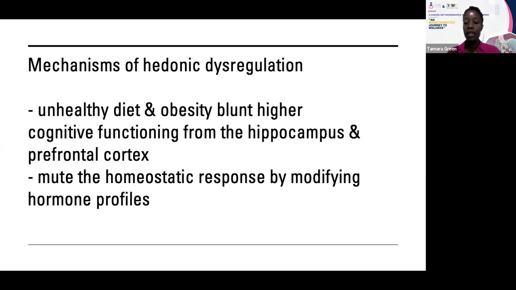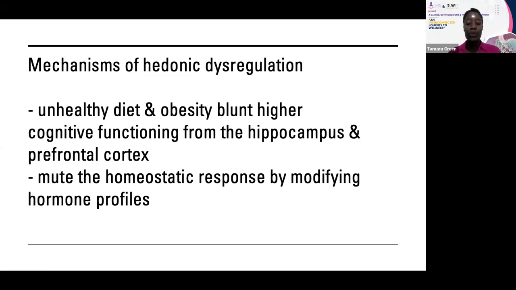And remember, we're talking about the gut-brain axis. It blunts the higher cognitive functioning of our hippocampus and our prefrontal cortex. And if you remember, I mentioned that our prefrontal cortex is that area behind our brain that empowers us to make better decisions. So I don't want to labor that point, so let me quickly go on.